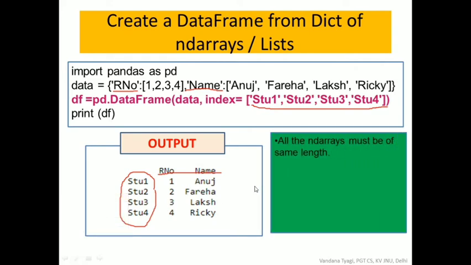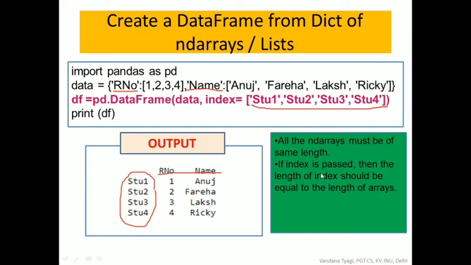Now there are certain things we have to keep in mind while working with ND arrays or lists: they must be of the same length. When we are taking multiple lists under my dictionary, they all are of the same length. If the index is passed, then the index length must be equal to the length of the values. Like I have taken the index as student 1, student 2, student 3, student 4, because we have 4 values in the list, 1, 2, 3, 4, or Anuj, Fareha, Lakshya and Ricky.